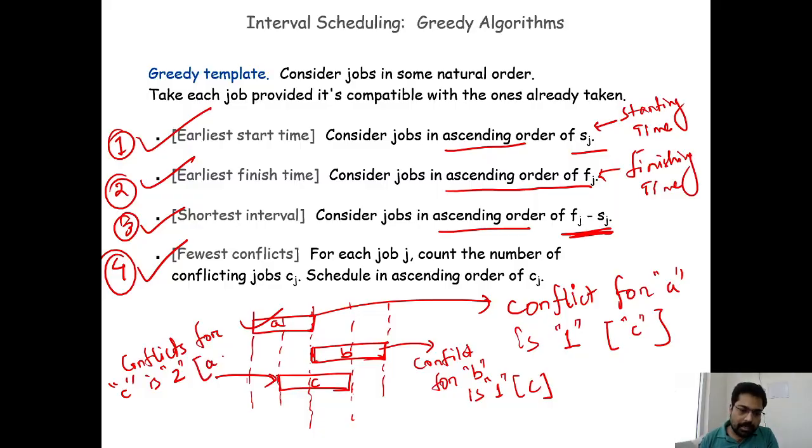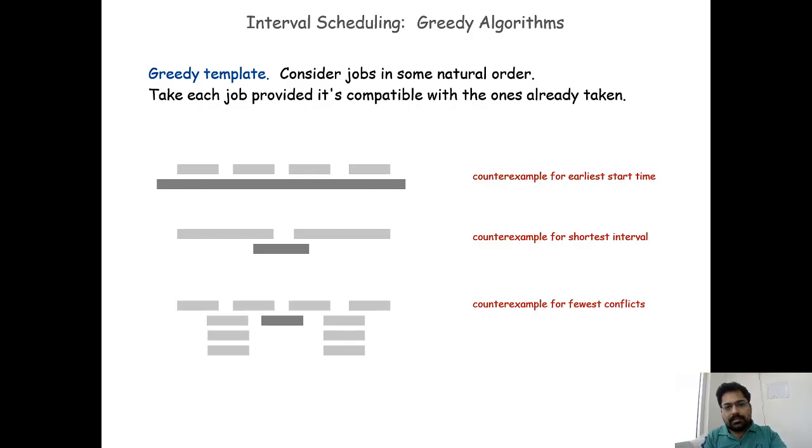So this is the conflict. The fewest conflicts will be selected first. In that case also we can find the set of compatible jobs, or the set of non-overlapping jobs.